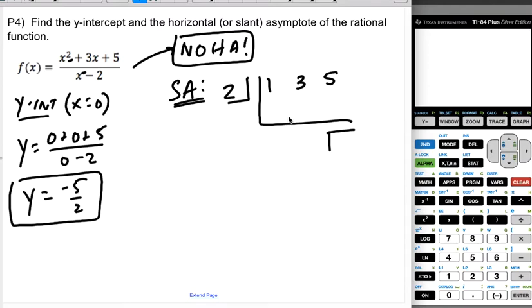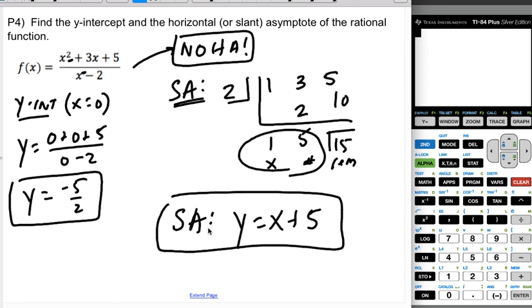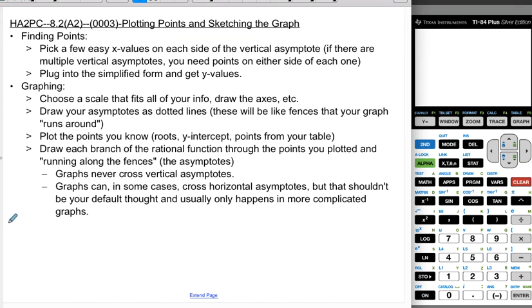When you have the choice to use synthetic, I would advocate for doing so. Multiply, add straight down, multiply, add straight down. This is my remainder, my number, and my x. So this gives me my slant asymptote. It is y equals x plus 5. You could have done that with long division as well, but it's certainly easier with synthetic if you have the option. All right, and I think that's the end of that video.